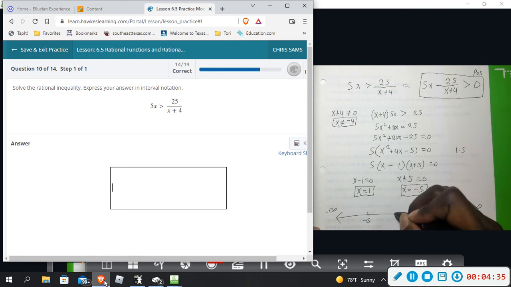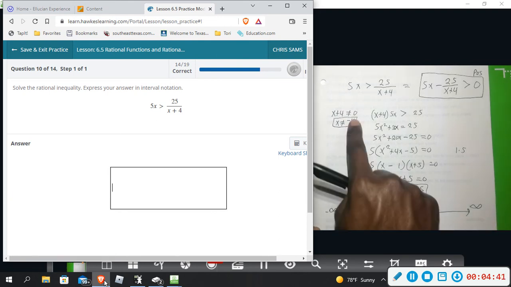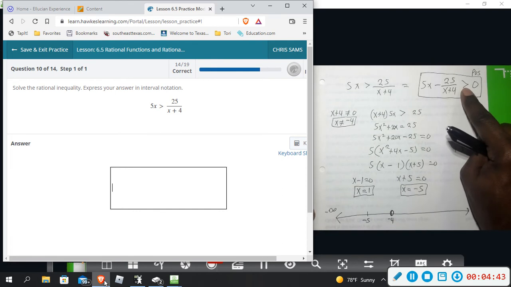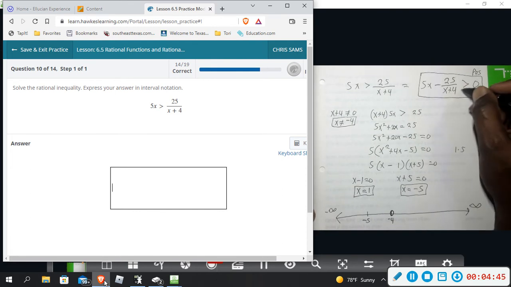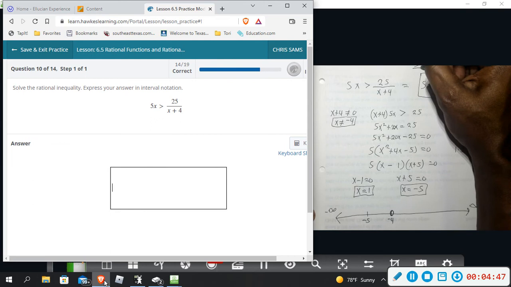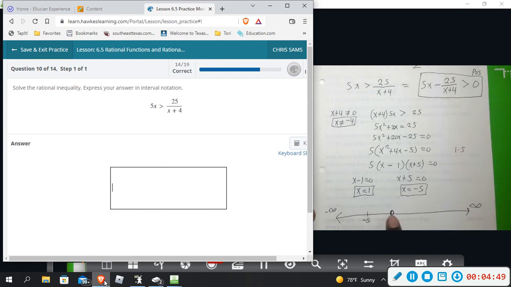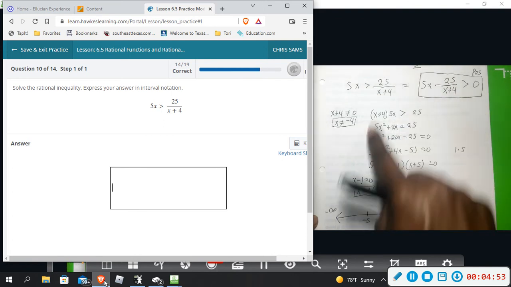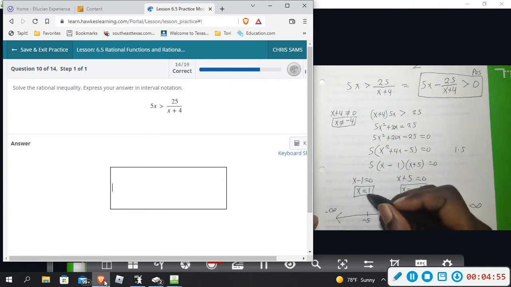I'm going to put negative 4. I'm going to put a little circle over negative 4 because I want to remind myself that we cannot use that. So if there had been an equal to, like a bar, like greater than or equal to, then I would put a bracket. But this is letting me know that even if I had a bracket, I could not use that anyway. And then the number 1.